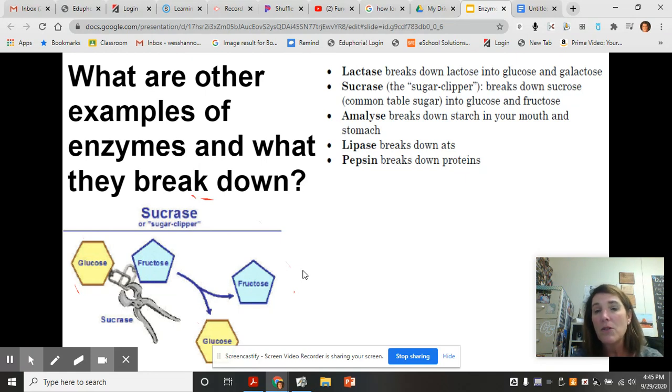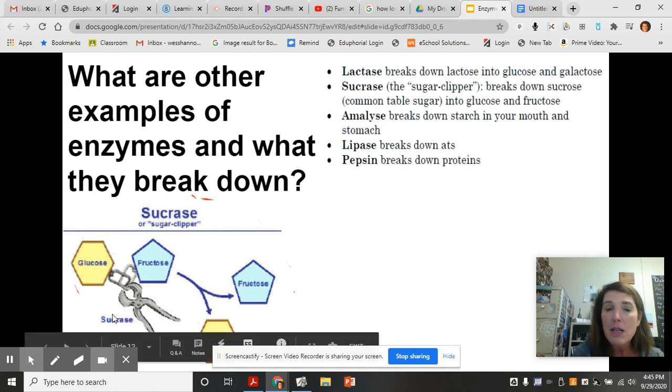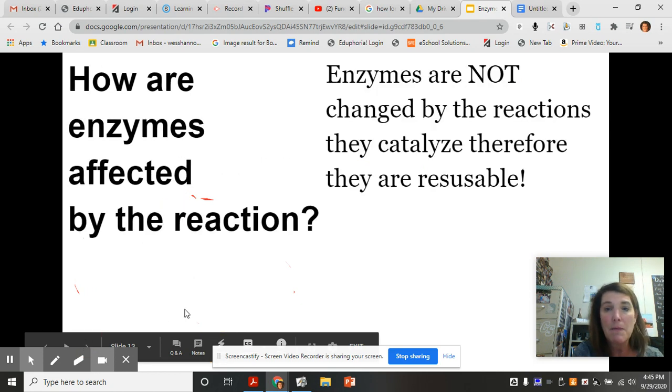There's also sucrase, which breaks down sugar. Amylase breaks down starch in your stomach. Pepsin breaks down proteins, but notice that most of them, except pepsin, all end in the letters ASE. That's usually how you know it's an enzyme.